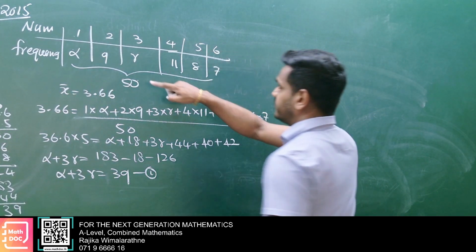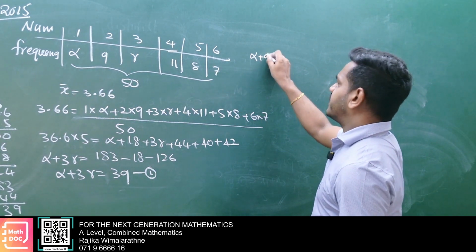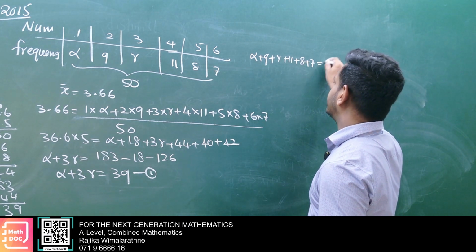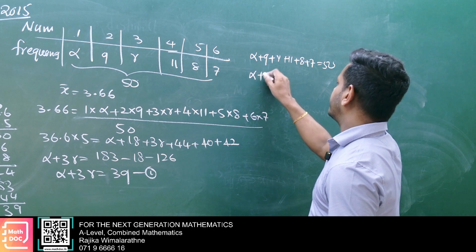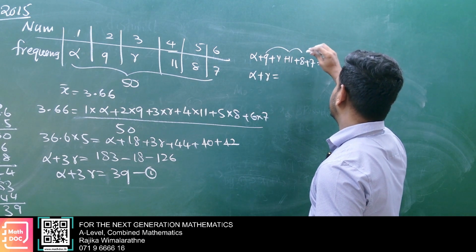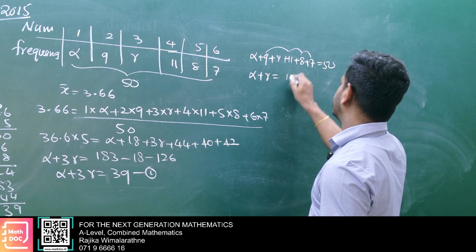Then the total frequency alpha plus 9 plus gamma plus 11 plus 8 plus 7 equals 50, so alpha plus gamma equals 15.